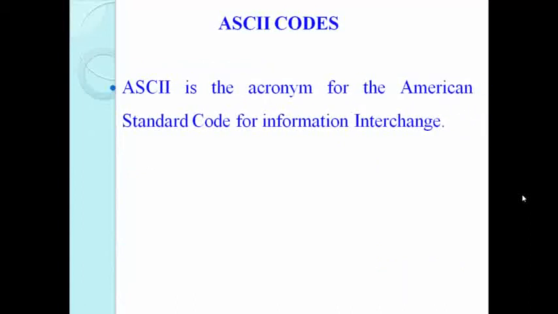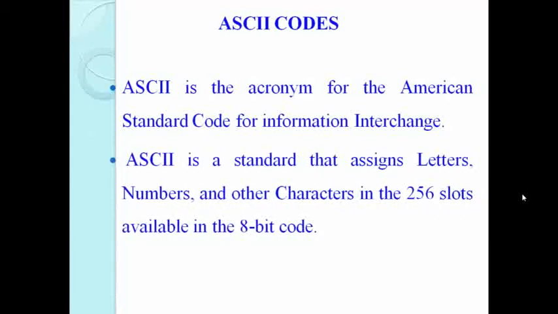Now the ASCII code. ASCII is an acronym for the American Standard Code for Information Interchange. ASCII is a standard that assigns letters, numbers, and other characters in the 256 slots available in an 8-bit code.